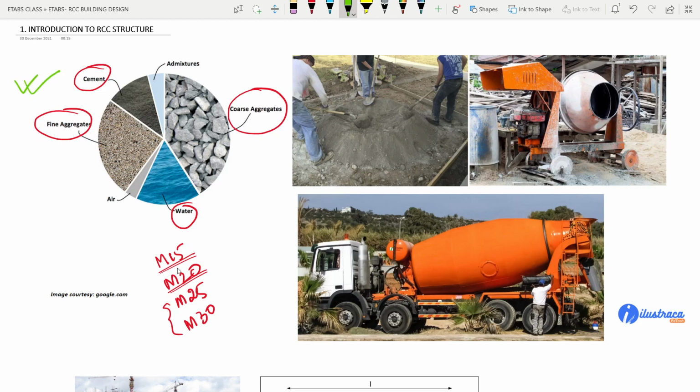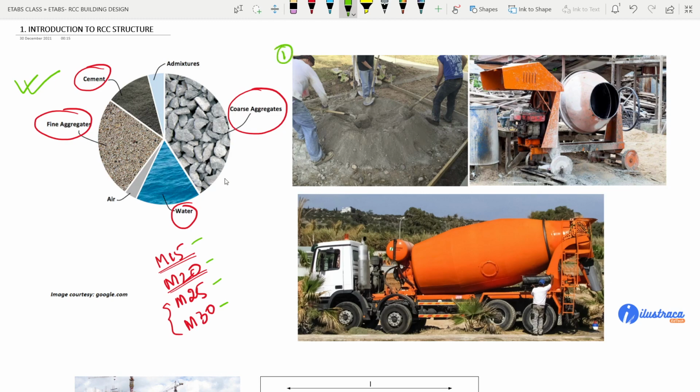We already studied this in our BTech curriculum, or in our civil engineering curriculum, right? Now how we mix these things, we have got these ratios for M15, M25, M30. Now how do we mix this? Obviously we know that in smaller sites it is done manually, as you can see in this first image.